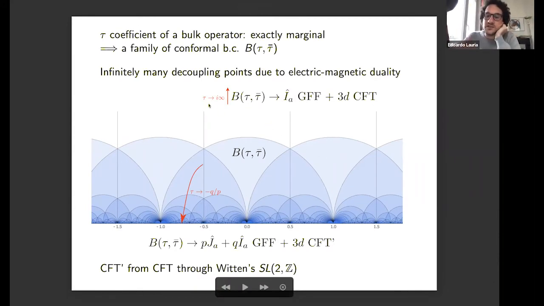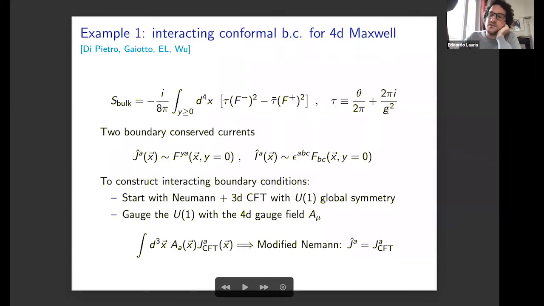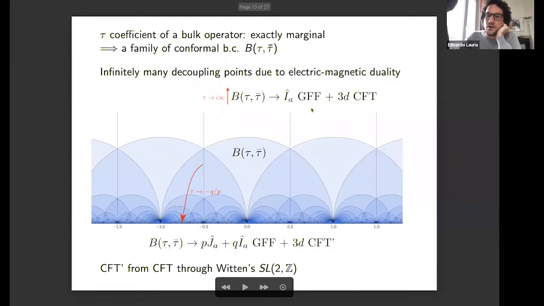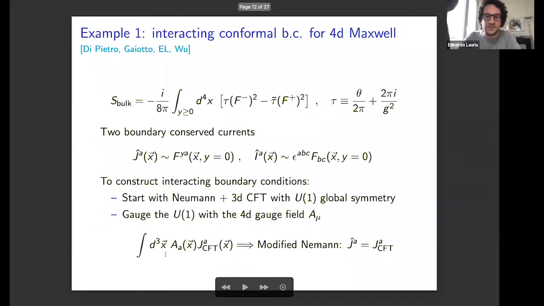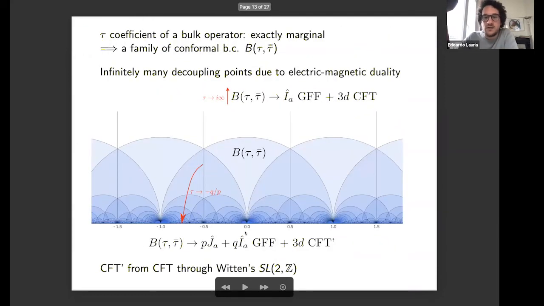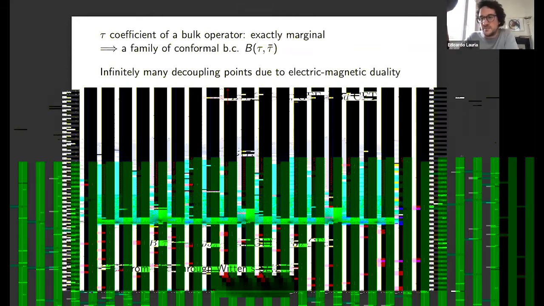Well, if you set tau to i infinity, which means sending g to 0, this is one decoupling point. It corresponds to undoing this gauging, so turning to 0 this interaction. And so if you set tau to i infinity, you recover, by construction, your starting point: the Neumann boundary condition for the Maxwell field, plus a decoupled 3D CFT.